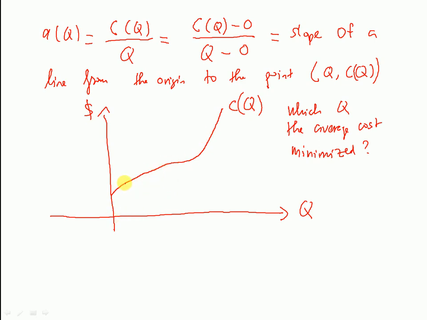If I randomly pick a point here and connect it to the origin, this is the slope. If I pick this point here and connect it to the origin, this is also the slope, which is the average cost, and we want this to be minimized. So we have to find the point on this curve where the slope is smallest.